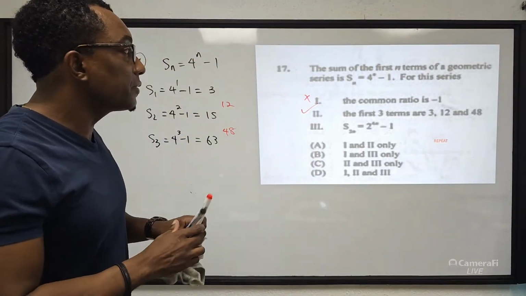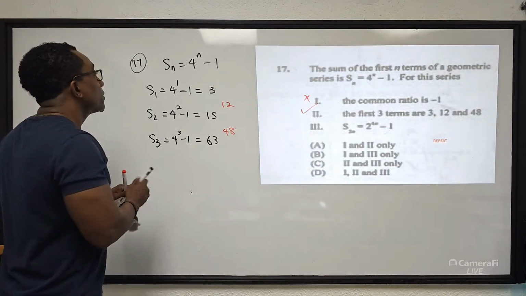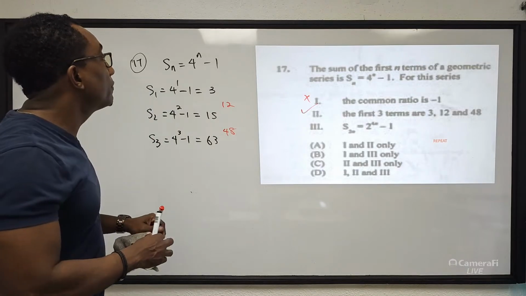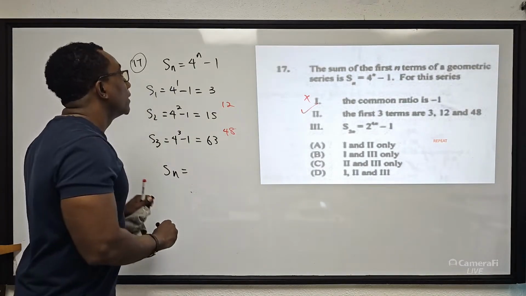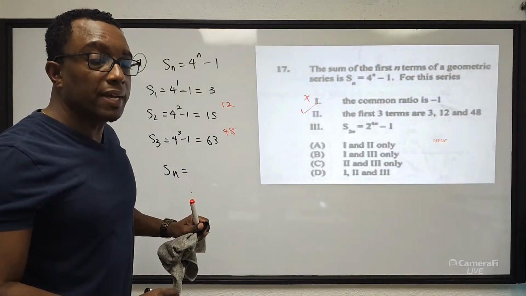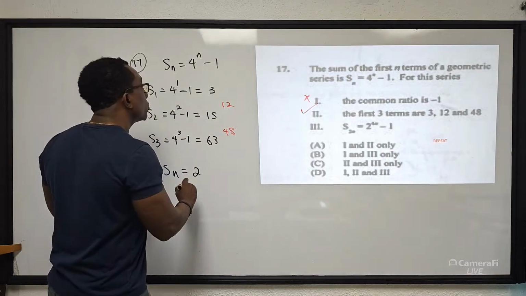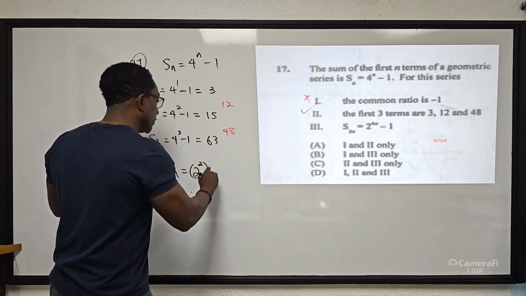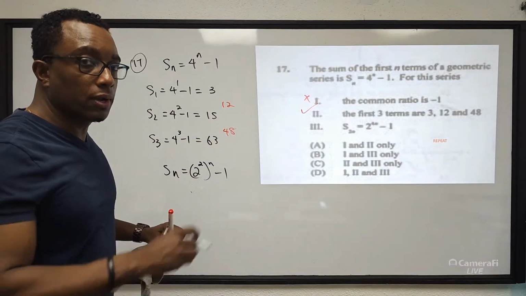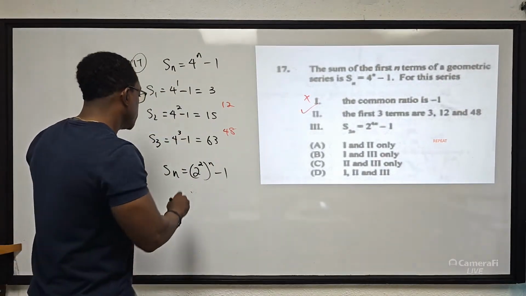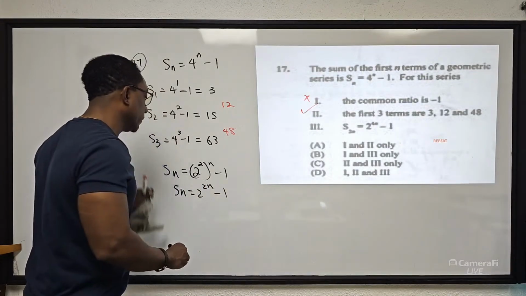And let's see if the last is applicable to the sum, the expression given for the sum there. If S_n is equal to 4 to the power of n minus 1, it can be rewritten as S_n equal to 2 squared, all raised to the power of n, which can be written as 2 to the power of 2n minus 1.